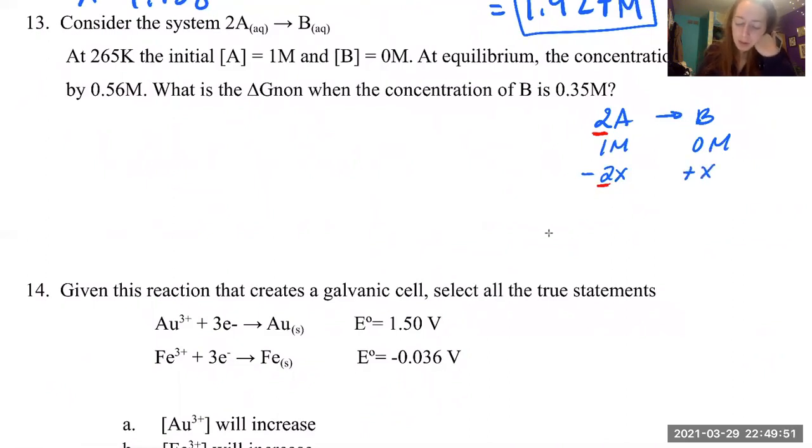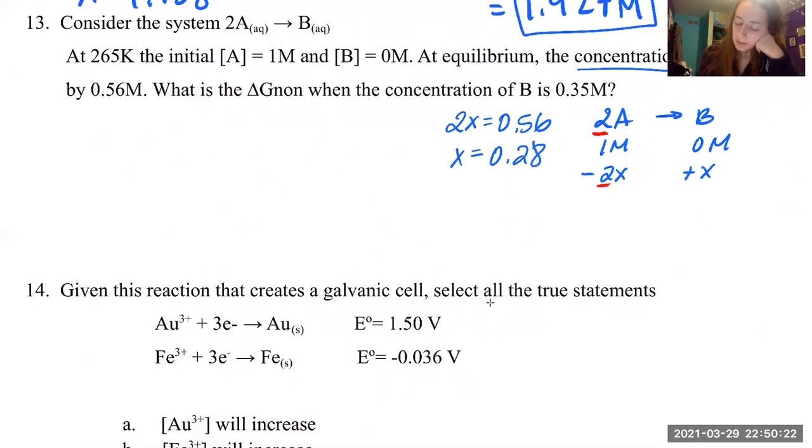Okay, so it tells us at equilibrium, the concentration of A changes by this amount. It doesn't say this is the end amount. It says this is how much it changes by. That means 2x is equal to 0.56. So that means that x is equal to half of that, which would be 0.28.